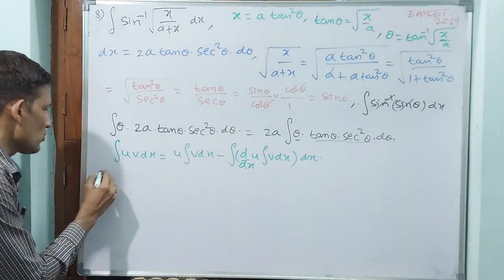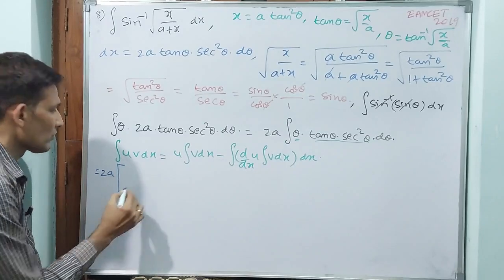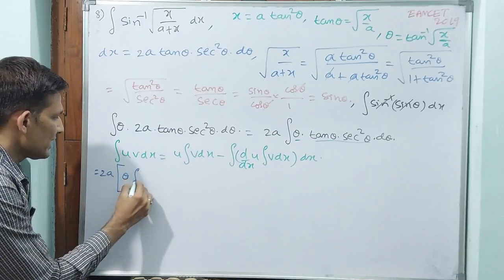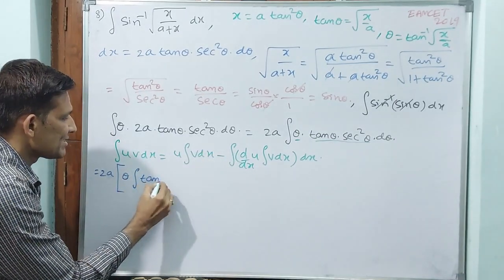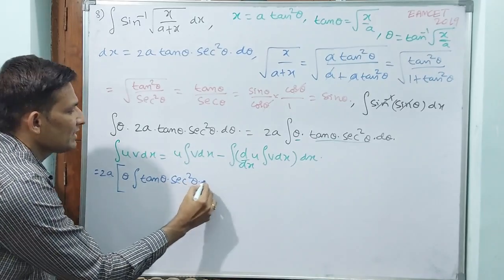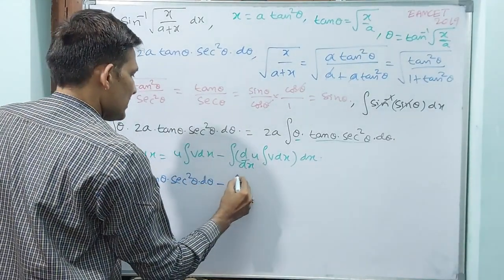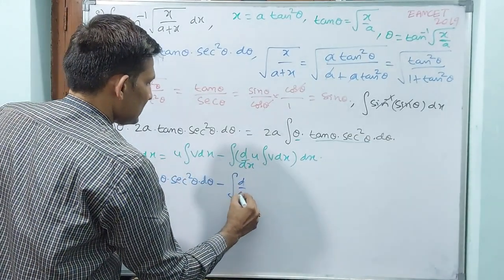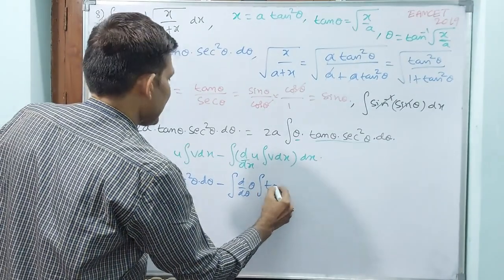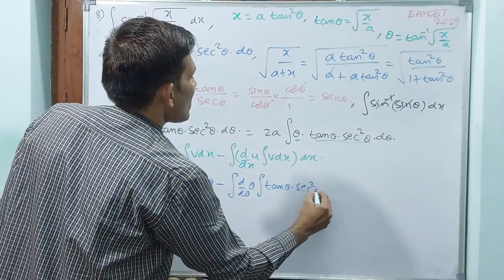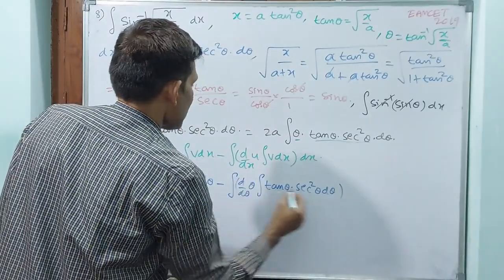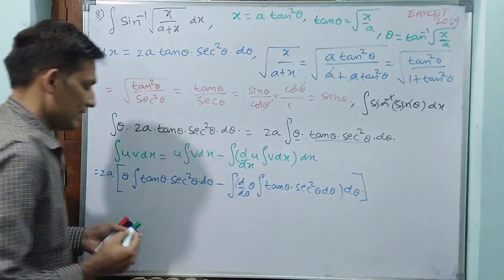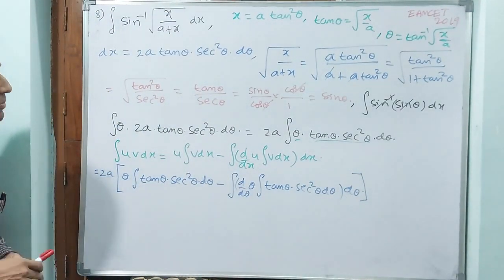Now see, 2a I have taken common. u means here theta. Integral v dx, tan theta secant square theta d theta, minus integral d by d theta of u, integral again tan theta secant square theta d theta, but again whole d theta. Okay, see 2a is there up to here, don't forget 2a is for the complete expression.